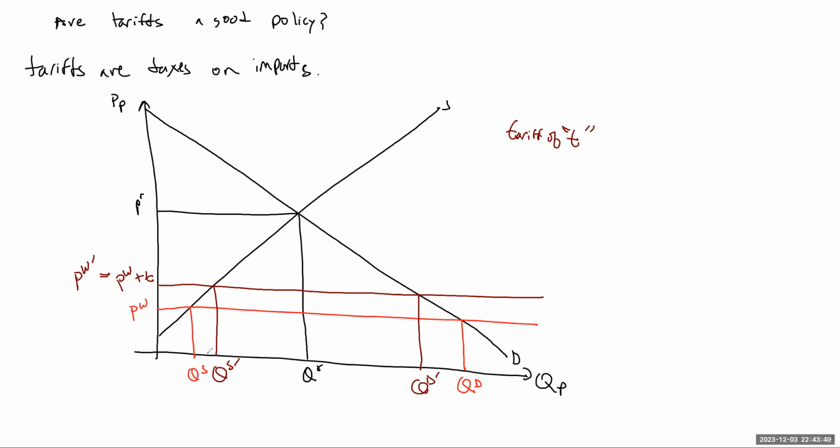And what we see is domestic production increases. But because the price in Tahiti went up from PW to PW prime, some consumers leave. It's not worth it to buy pizza anymore. So domestic consumption falls.